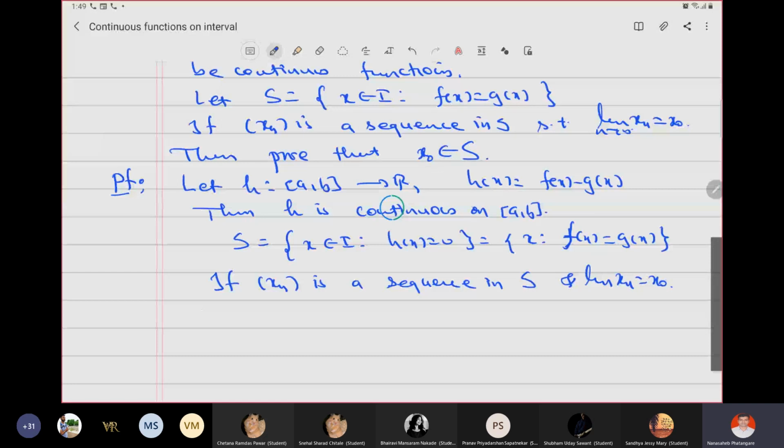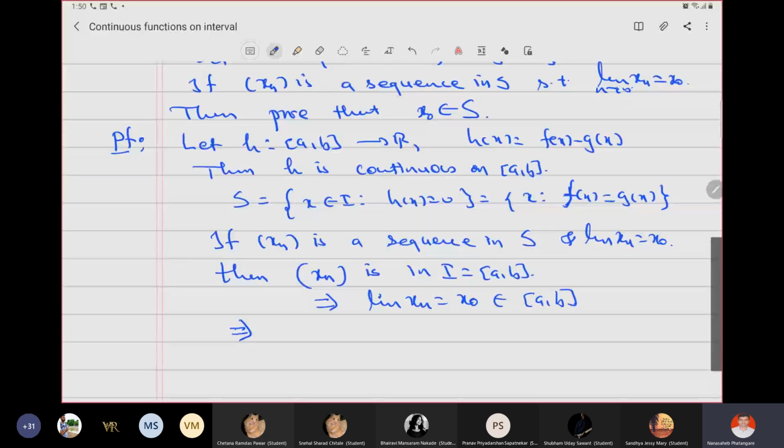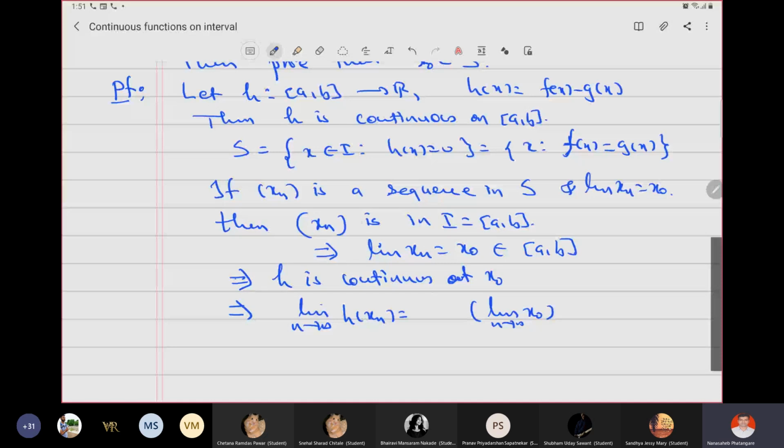And so since the function is continuous everywhere, h is continuous at x naught, right? And therefore by sequential criteria, what is limit n tends to infinity h of xn? What is it? Correct? Is it true? Yes, sir.